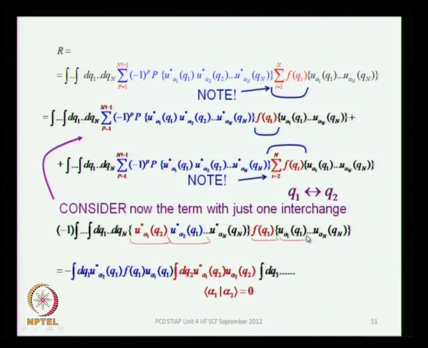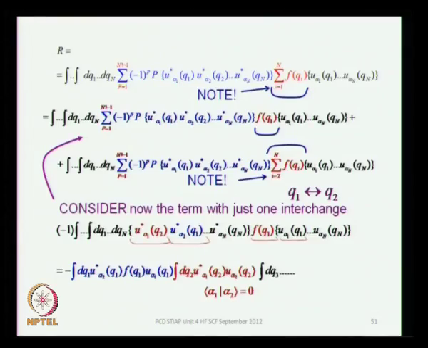So, there will be the u alpha 2 q 2. Now look at this integral which is in this red color. This integral is nothing but the orthogonality between alpha 1 and alpha 2, and that vanishes.